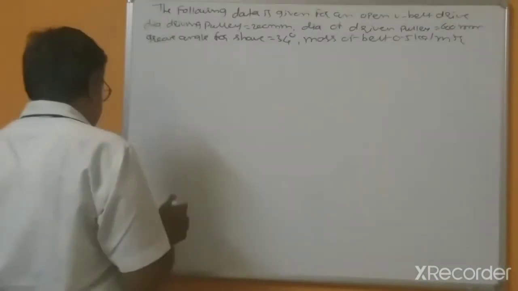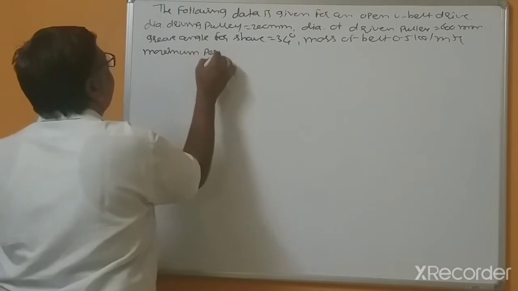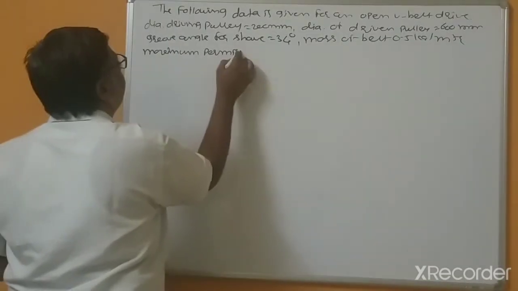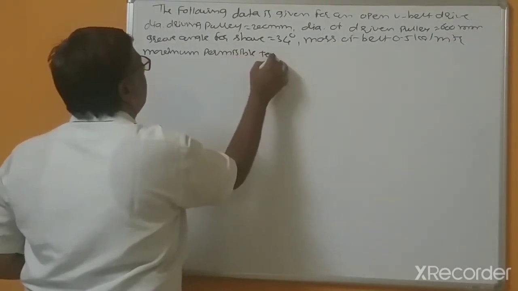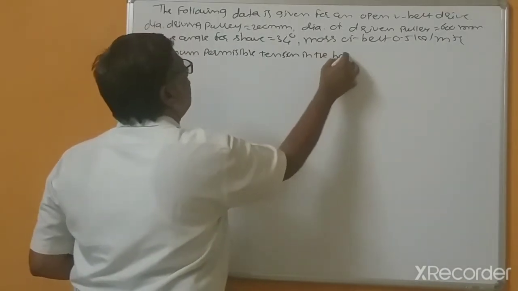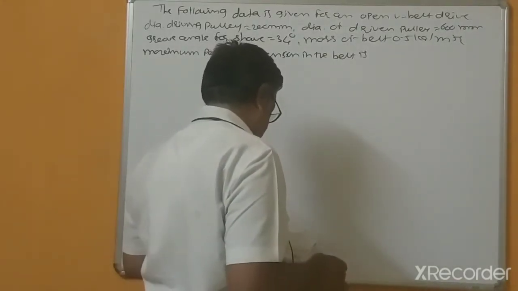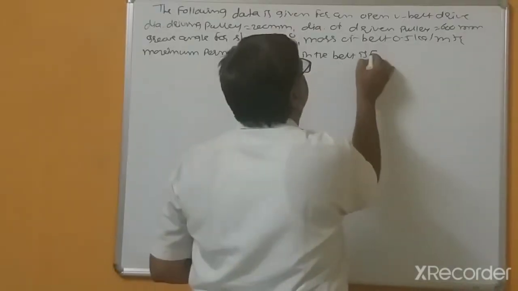Maximum permissible tension in the belt is 500 Newton.